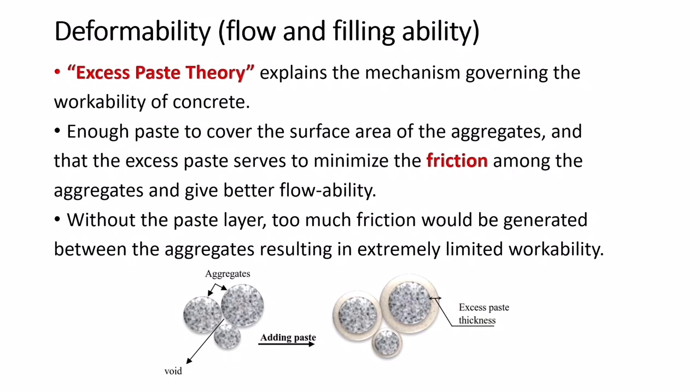Without the paste layer, too much friction would be generated between the aggregates, resulting in extremely limited workability. So as we see in the figure, without paste there is too much friction between aggregates, and with paste the friction is minimized.